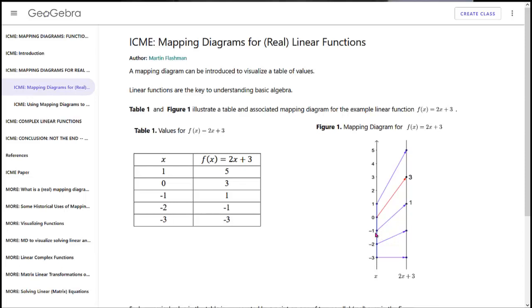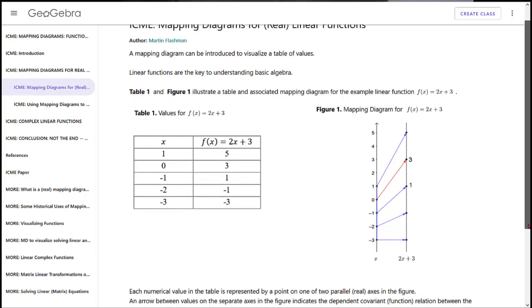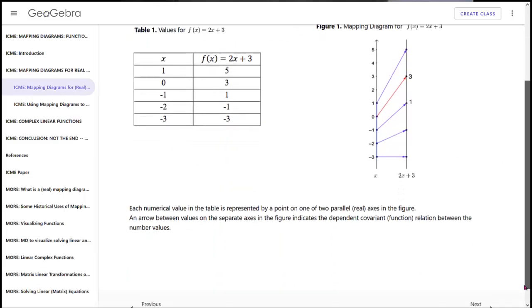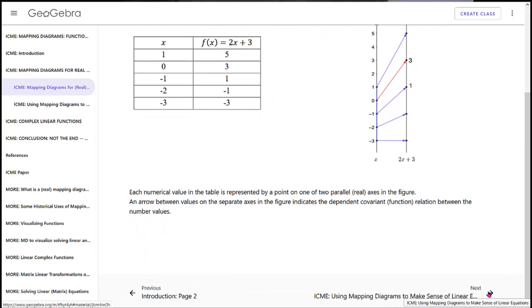For example, an arrow from -1 to 1, indicating the relationship that -1 has a value of 1 when evaluated with the function. These arrows indicate various features of the function. For example, each unit on the left gives rise to a 2-unit difference on the right. That's an interesting thing to note in this mapping diagram, which might be thought of as a rate or a magnification factor.